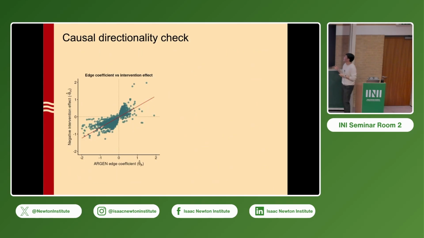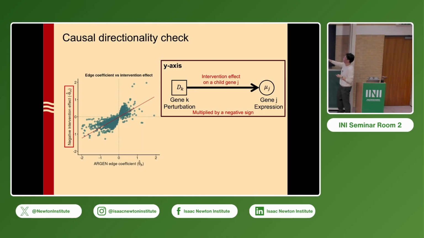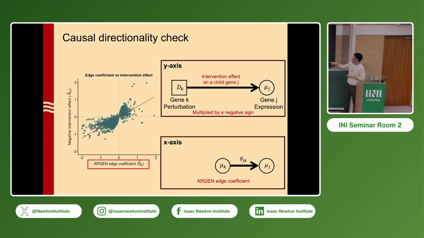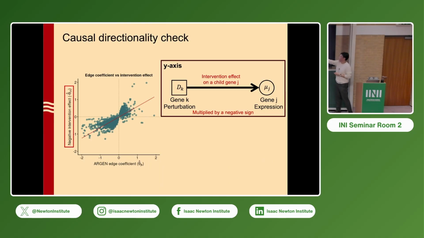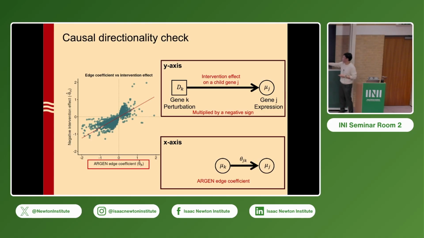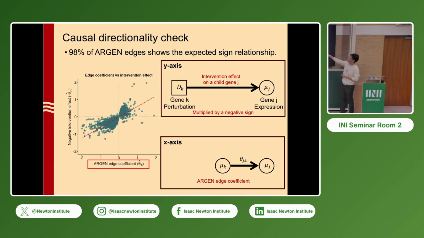We did this globally, so we collected, on the y-axis, the intervention effect of this gene K on gene J. And we also multiplied that by the negative sign. And on the x-axis, we put the edge coefficient that we learned from the data. And here you can see that 98% of the edges show such sign flip between the intervention effect and the theta.